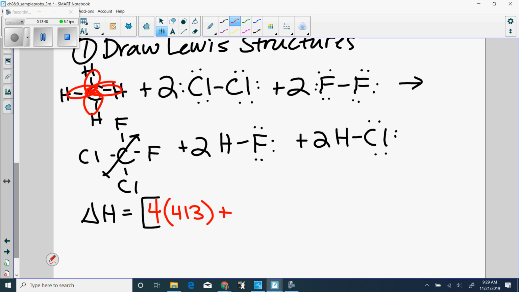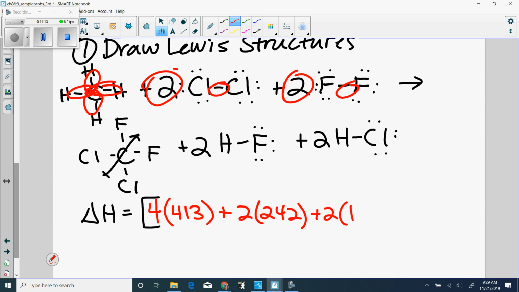Plus I have 2 coefficient, 2 of Cl single bond Cl. Cl single bond Cl is 242. And I have 2 F single bond Fs. For my reactants, because bonds are backward, they're the only time I'm doing my reactants first off of chart numbers.